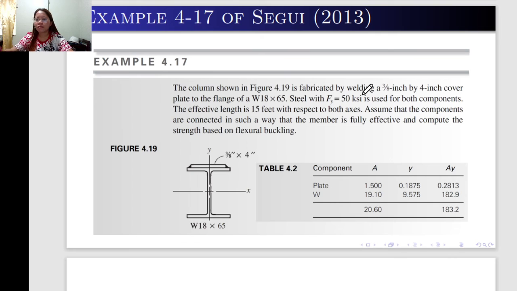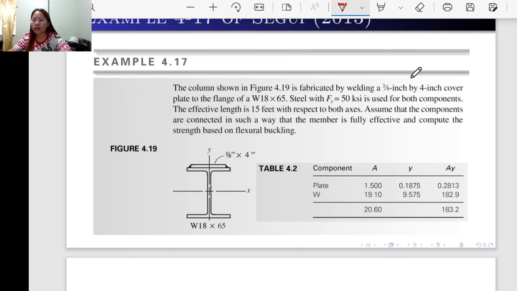Effective length is 15 feet with respect to both axes. Assume that the components are connected in such a way that the member is fully effective, and compute the strength based on flexural buckling.